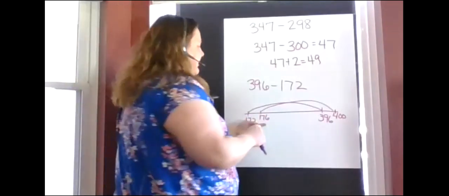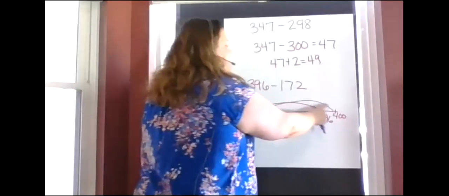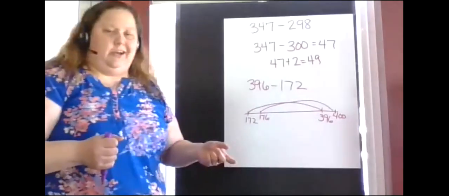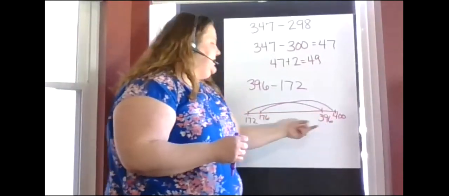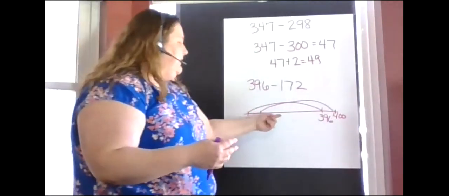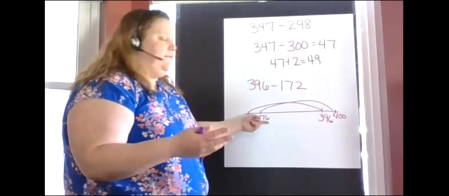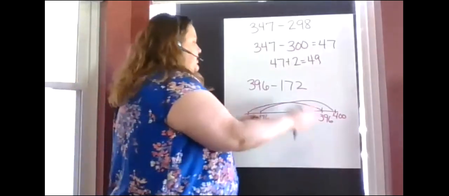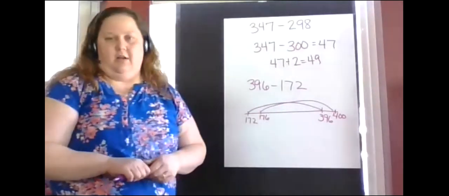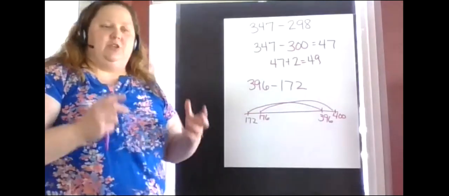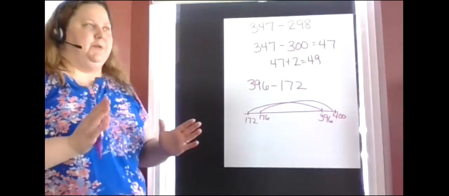And so now I can think about this distance or this subtraction problem a little easier. Because I could say, well, 400 take away 200 leaves me with 200. I then take away 24 more. So I've taken away 224. I just shifted on the number line. But the student has to understand the relationship between those numbers.